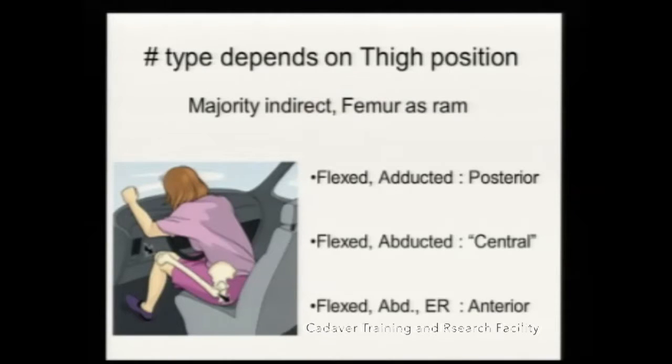So in an externally rotated, abducted femur, if I get a direct impact, it may cause an anterior wall fracture, anterior dislocation, or anterior column fracture. So almost with the knowledge of our forensic science, we can make out from the injury what kind of impact the patient must have suffered at the time of injury.